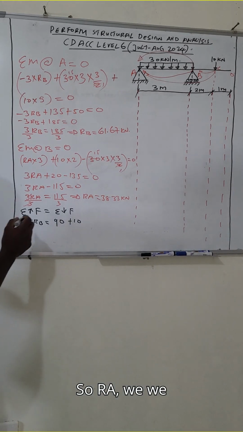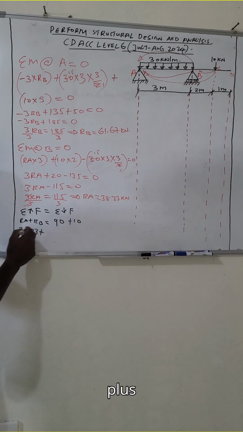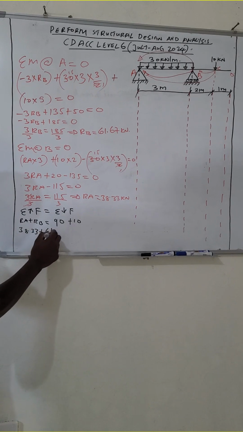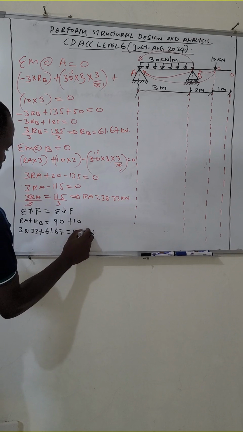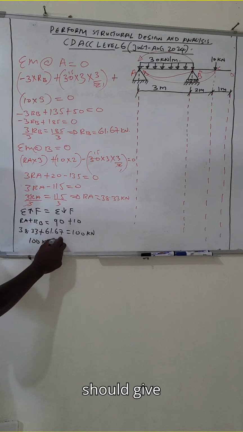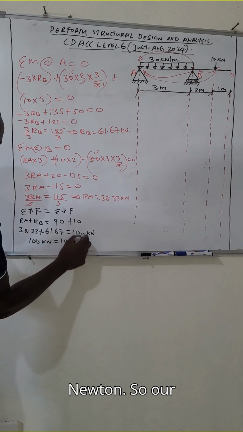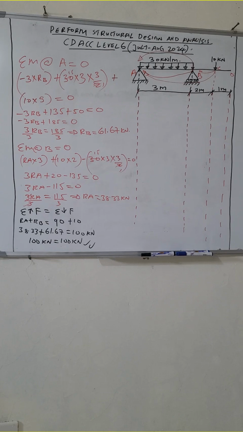So RA, 38.33, plus RB, 61.67, should give you 100 kilonewton. So 100 kilonewton equals 100 kilonewton. So our reactions are correct.